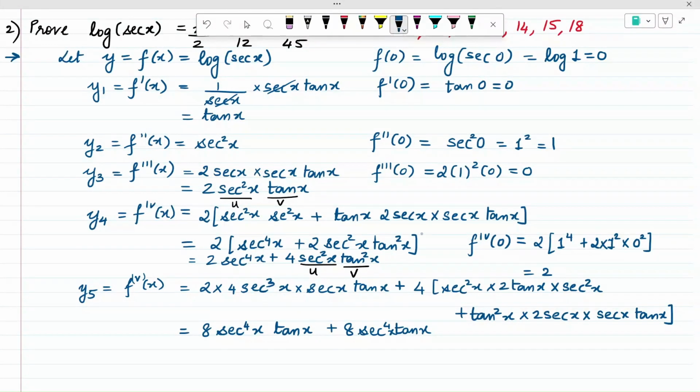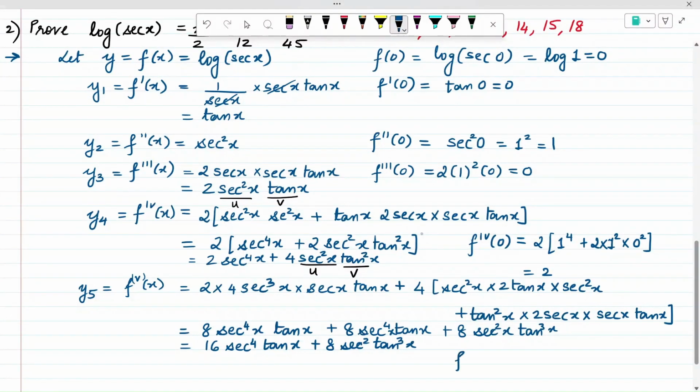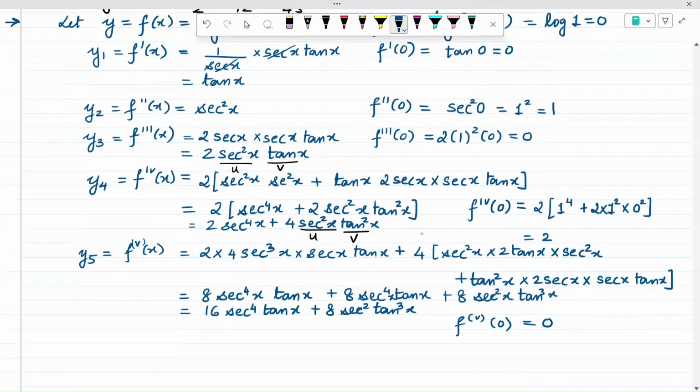And the next one is again 8 sec square x and tan cube x. So the first two terms get added and we get 16 sec raised to 4 tan x. And the last term remains as it is. When I calculate the fifth order derivative at 0, because both the terms have tan, the answer will be 0.